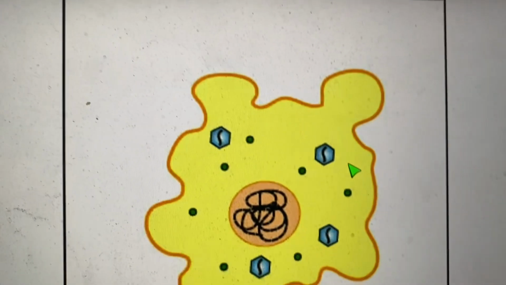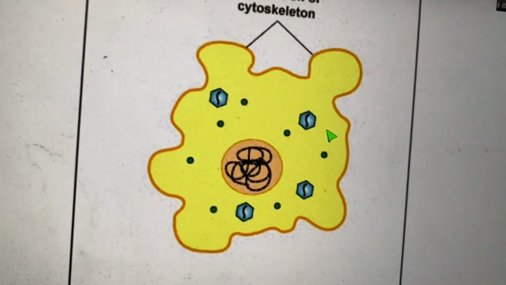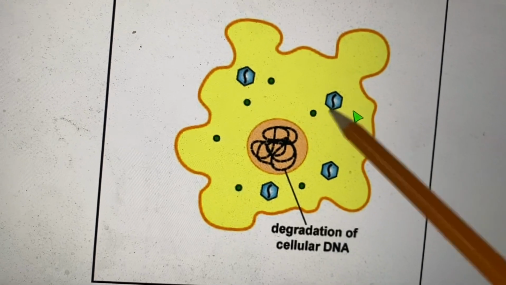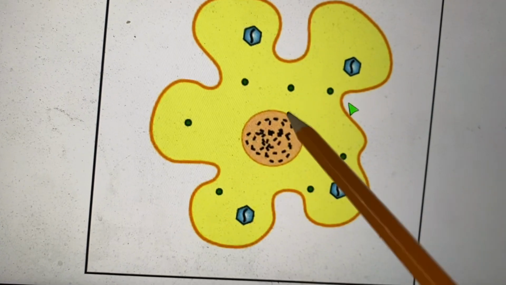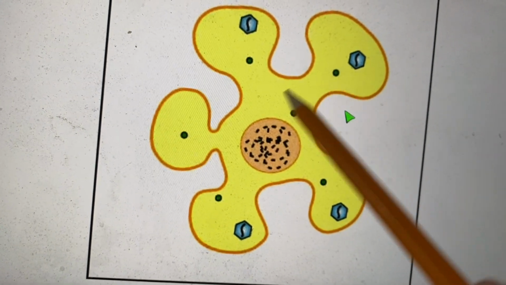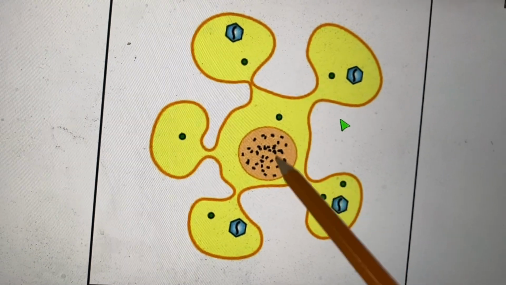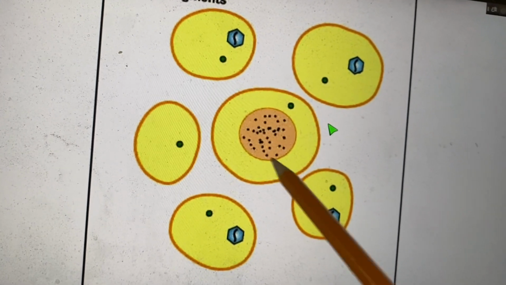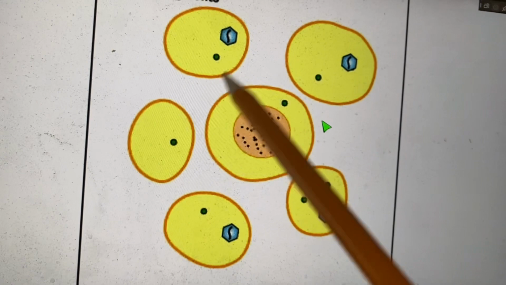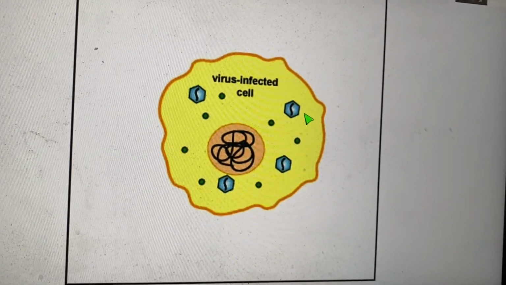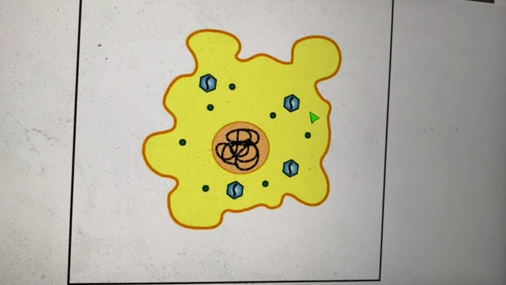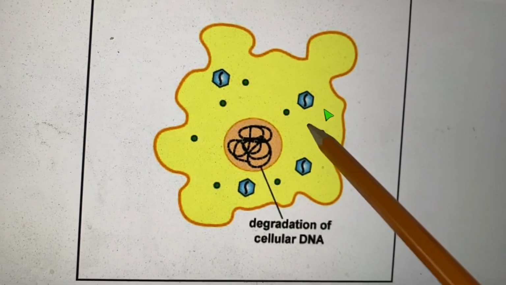Here's a cell undergoing apoptosis. See, it's blebbing. They call that blebbing. It's busting up. Its cytoskeleton gets destroyed, and it starts to bubble on itself, and you wind up with little vesicles instead of a full cell. And then a macrophage comes and eats them. That's usually what happens during apoptosis. In this case, this cell was infected with a virus.